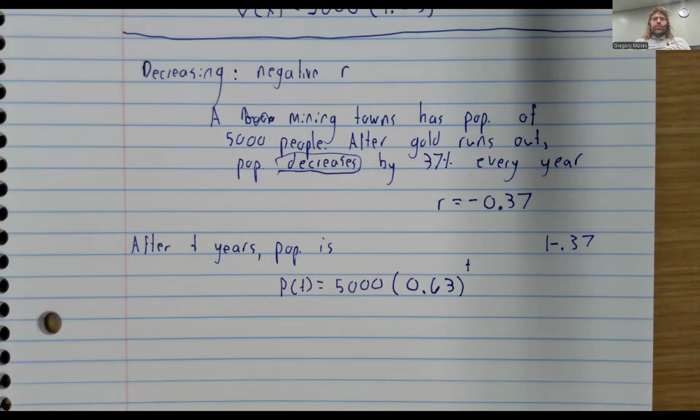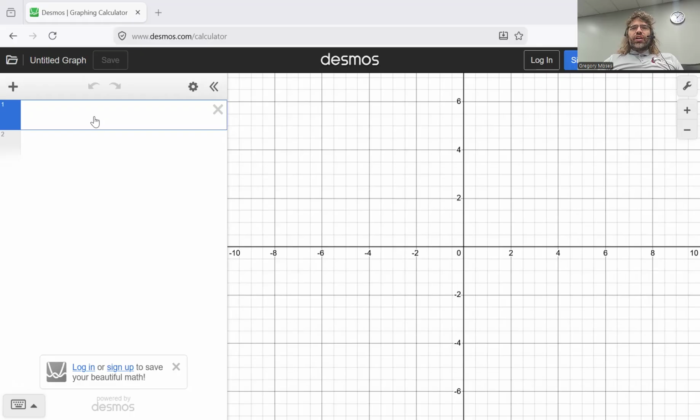I guess it would probably be also good to know what their graphs look like. So all exponential functions fall into basically one of two categories, depending on whether r is positive or negative.